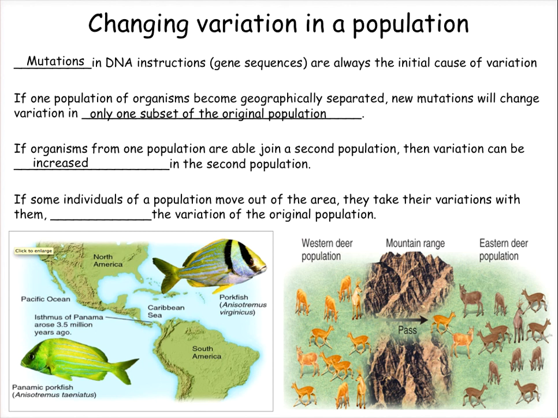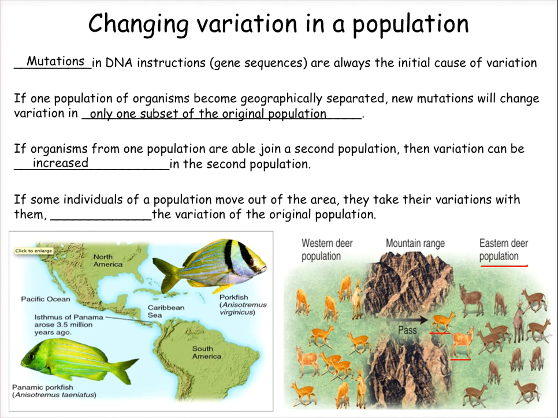So, we can see, for example, at the bottom right here, as new individual deer join this second population, this guy and this guy have been able to join this second population of deer. As they join, they take their variations with them and add them in to the second population. And if those variations are advantageous, it may result in a shift in the characteristics of the entire population.